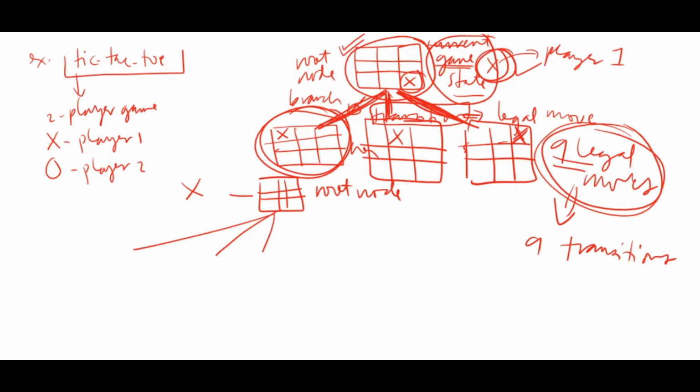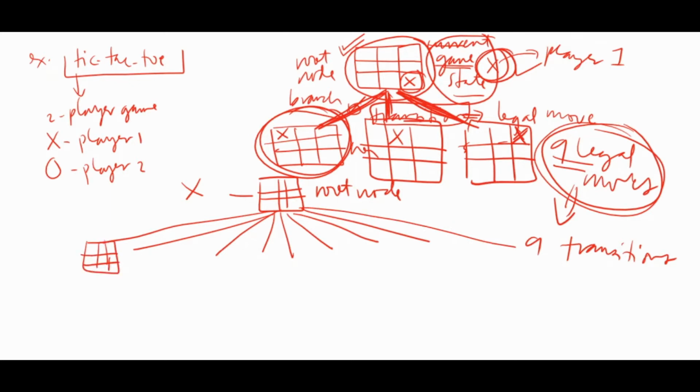So we have 1, 2, 3, 4, 5, 6, 7, 8, and 9. This is the first legal move, second, third, fourth, fifth, sixth, seventh, eighth, and ninth legal move, or 9 transitions. And this is what we call the current game state.